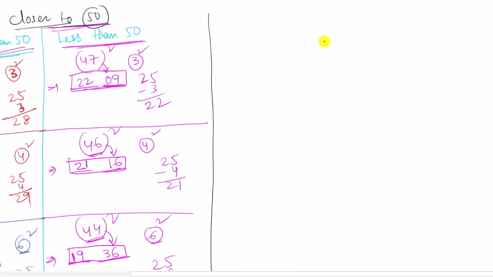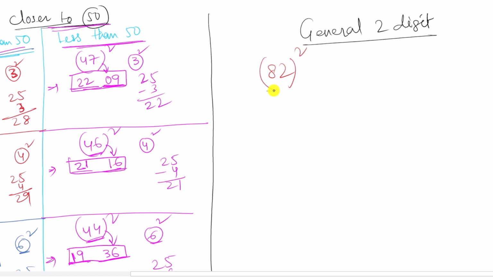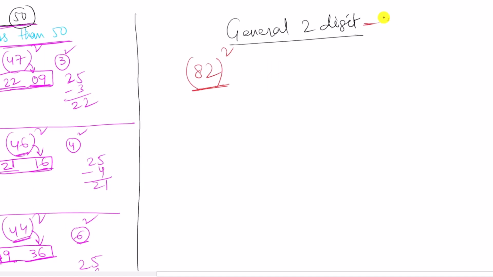So let's now take a look at the trick for general two-digit numbers. Suppose we have the number 82. We can easily find the square of this two-digit number. Here we're going to apply the duplex method. In the duplex method, the two-digit number will be in the form AB square.